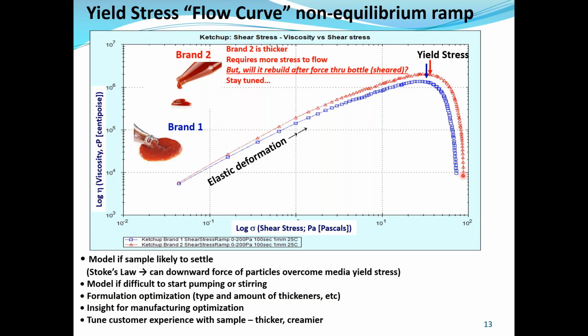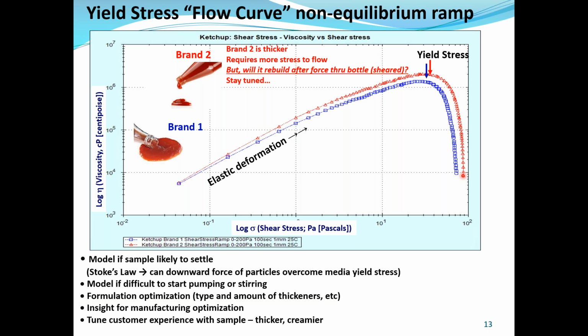This particular study, the flow curve yield stress study, can model if the sample is likely to settle, and that can be applied by something like Stokes' law, in which you can determine if the downward force of the particle can overcome the yield stress of your formulation. If the downward force is greater than the yield stress of your formulation, then they can tend to settle. If it's less than, then it has a greater tendency to not settle.